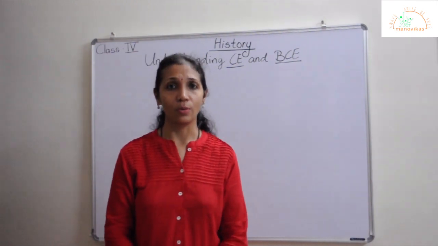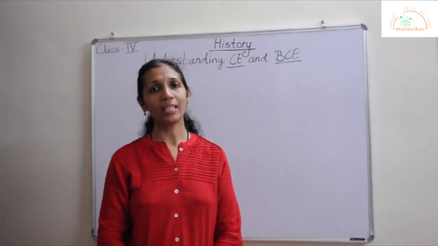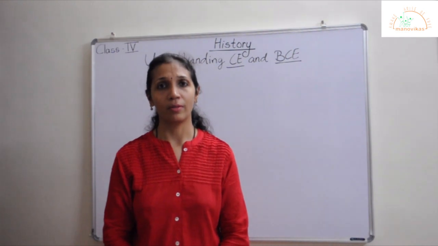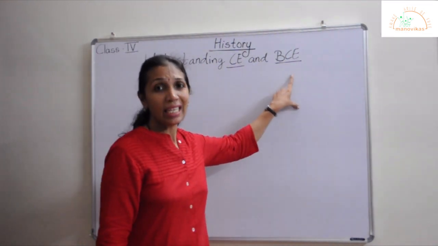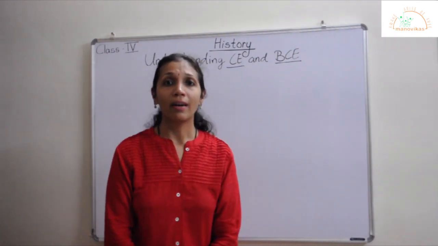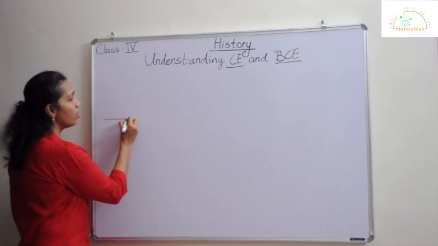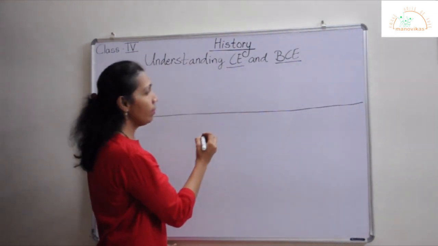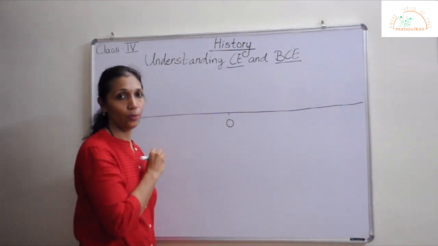As we all know, the Gregorian calendar uses the birth of Christ as its starting point. Now let me explain you all the CE years and BCE years using a timeline. Let me draw a horizontal line. Let me mark the center of the line as 0.